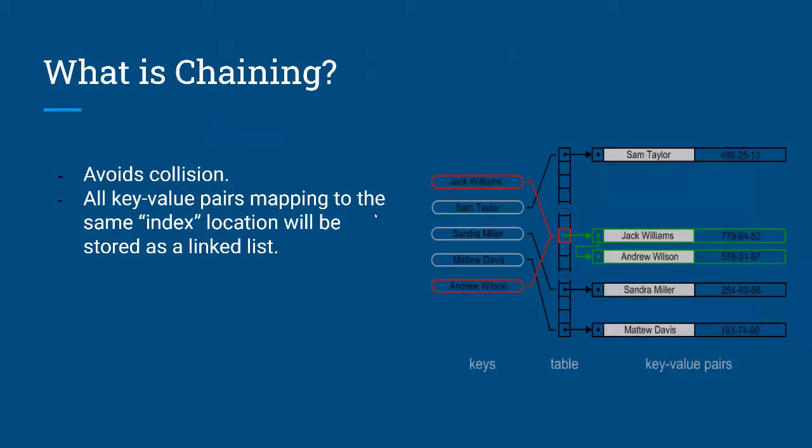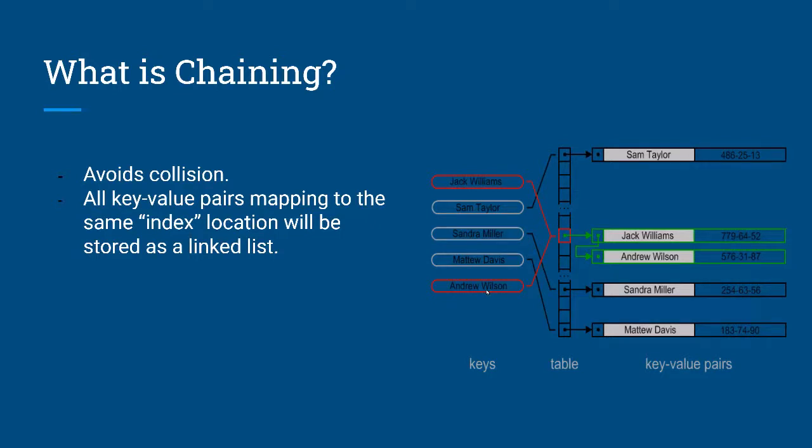Chaining basically avoids the collision, and all key value pairs mapping to the same index location get stored as a linked list. So for example, here on the image, let's say that Jack Williams is already placed in this location here, and we want to place Andrew Wilson, highlighted red as well.